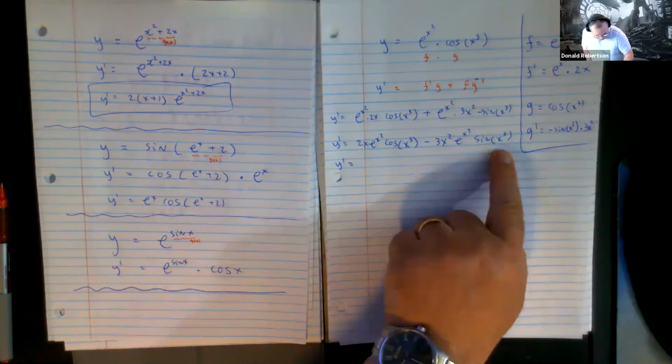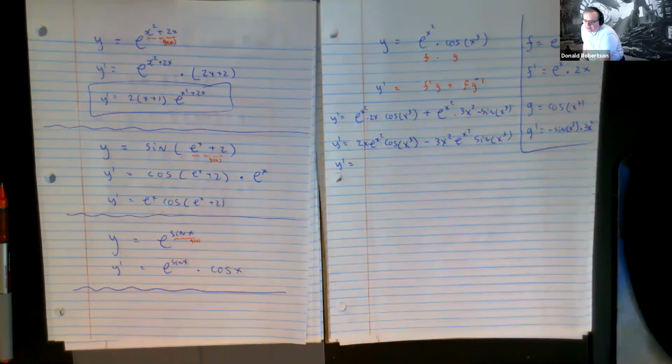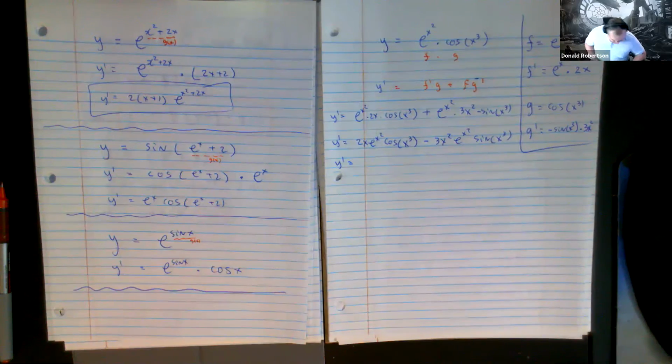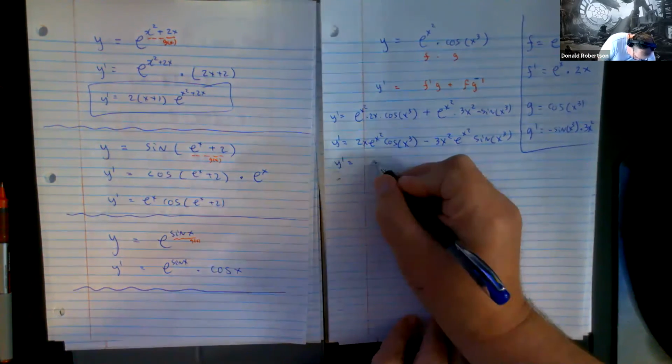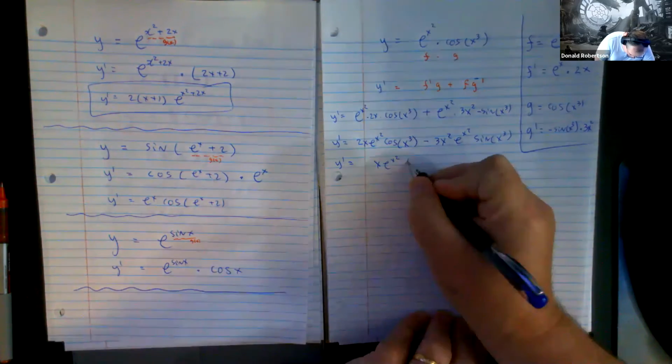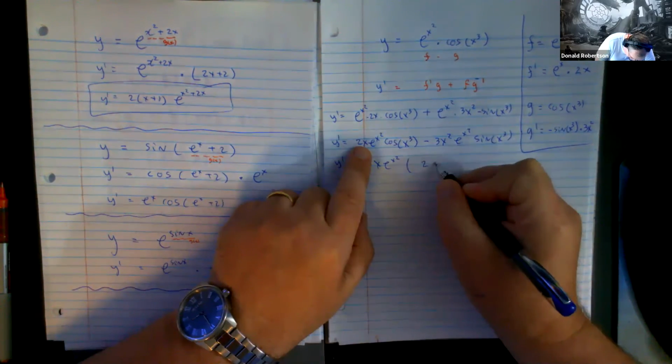Look at these two expressions. Is there any decent tidying up we could do? Factor out an x e to the x squared. Agreed. And what does that leave me with? It leaves me two of these guys.